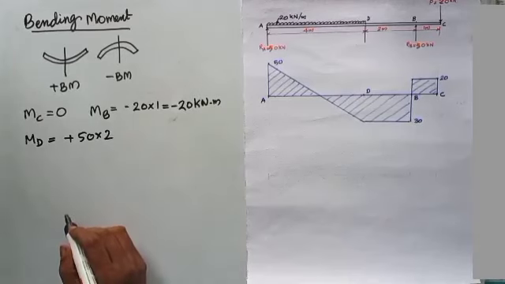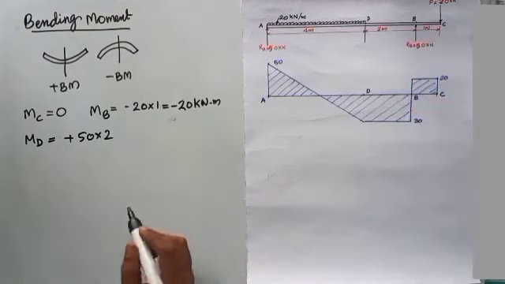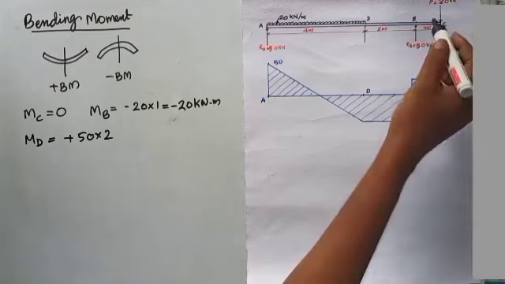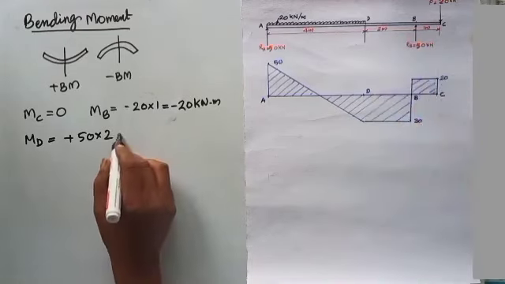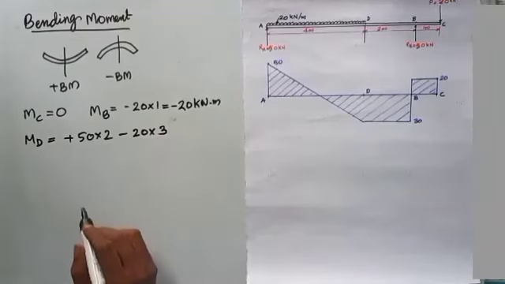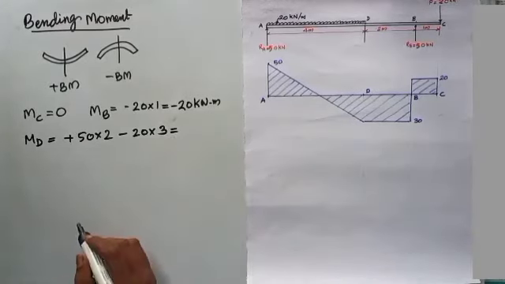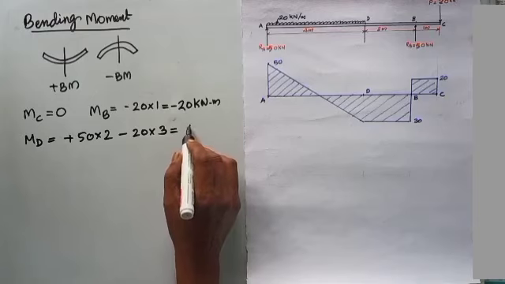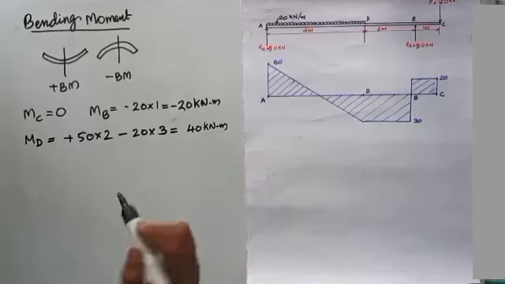Then you consider the other load 20 into this distance 3 meters, 20 into 3, and the 20 is acting right side of section downwards, so it will be negative, minus 20 into 3. So this will be the value of bending moment at D. It will be equal to plus 40 kilonewton meter.